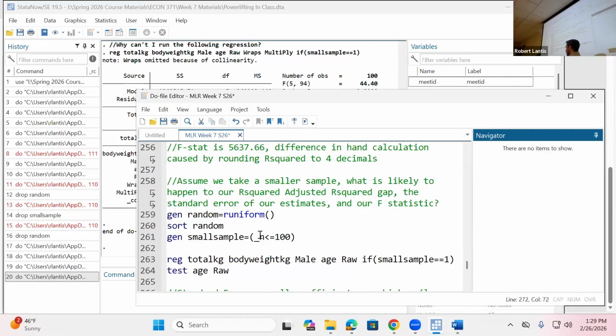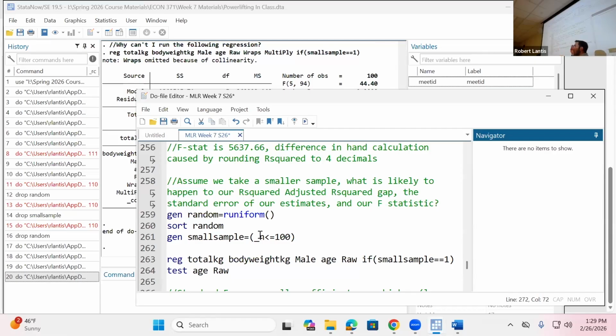So what you probably have, it should set the seed at a certain value for most, I'm guessing, unless you've changed it. But because I'm using my Stata, I've used it for things other than this class. I set the seed at some point when I was generating a random sample for something other than for class. And so it's keeping that random. You don't have to know any of this, right?